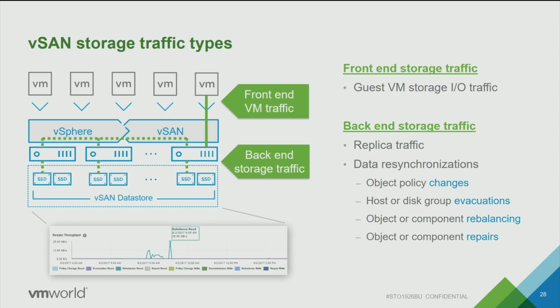So all of the data I/O path that John was referring to was really focused on that front-end VM traffic. And really what I mean by that is just a guest VM either requesting a read or committing a write. Now there's what we call back-end storage traffic, and this is going to comprise a number of different kinds of things.